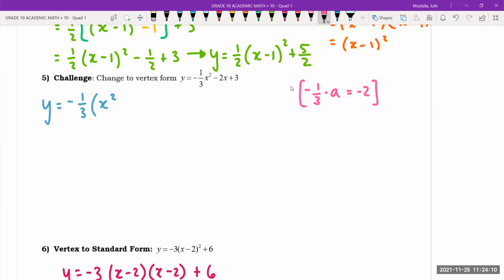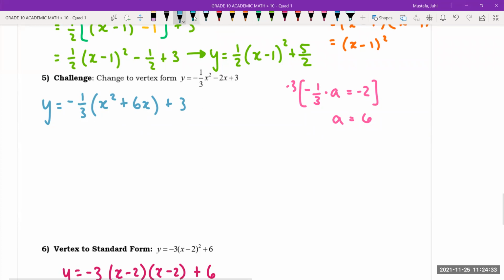I can multiply both sides by -3. So a is just going to be a whole number 6. So that means this is going to be 6x. -1/3 x squared is -1/3 x squared. This is -2x, and that's a positive 3, so it works out.